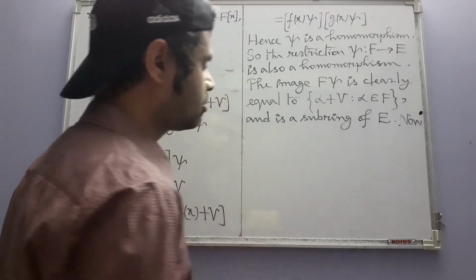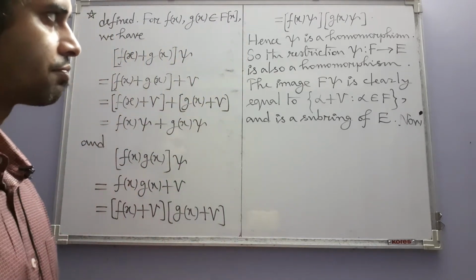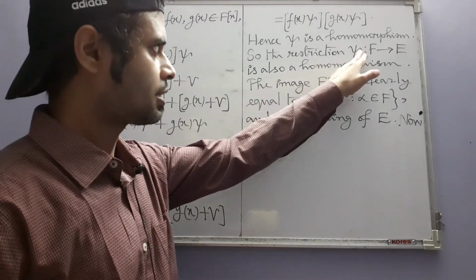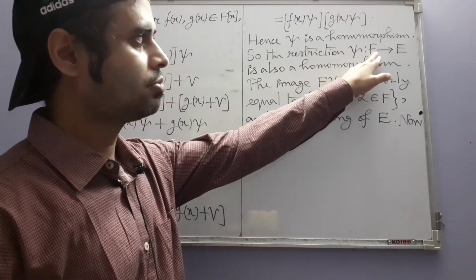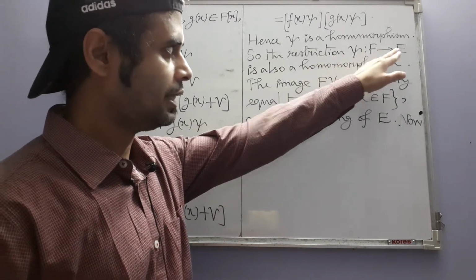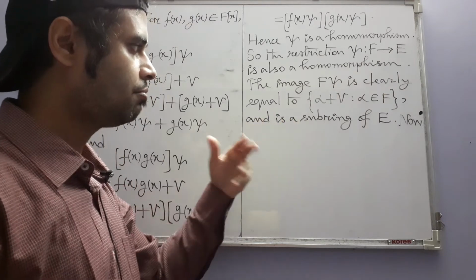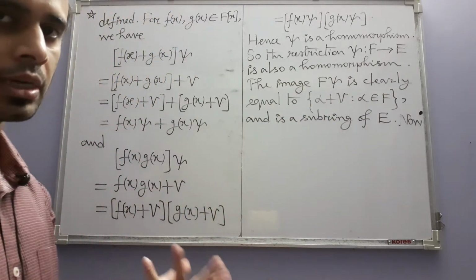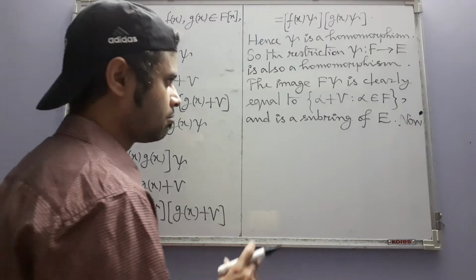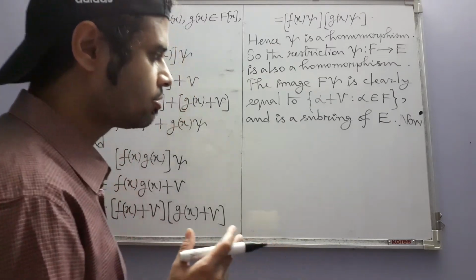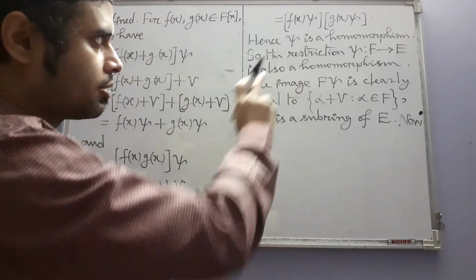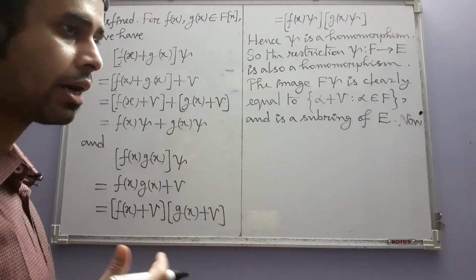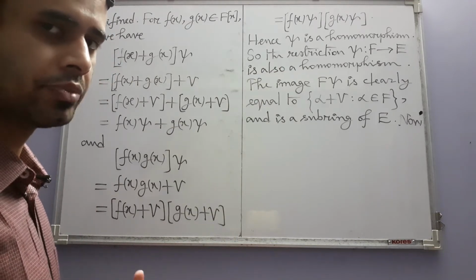Now our aim is to show that this, well, of course now psi is going to be a homomorphism from F into E, but in particular onto F psi, because that is the image. But additionally we are going to show that this particular extension is one-to-one also, it is injective.